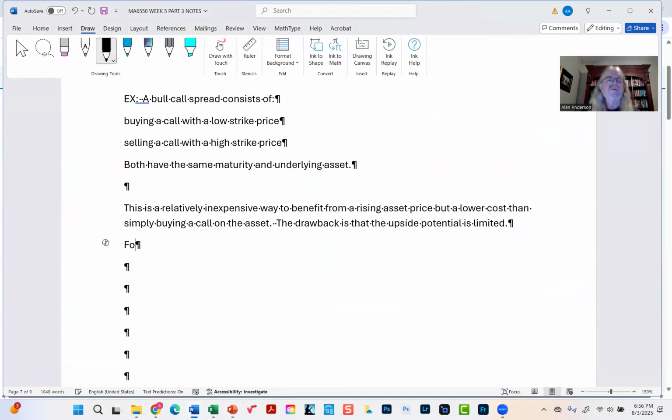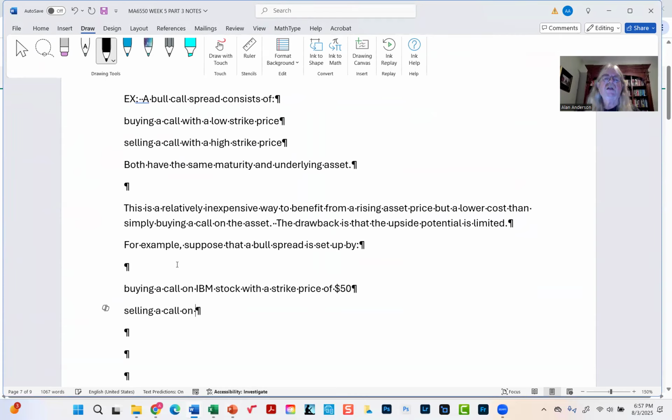Suppose that a bull spread is set up by buying a call on IBM stock with a strike price of 50, and selling a call on IBM stock with a strike price of 53, both maturing on September 1st. The profit and loss diagram is, and here it is.